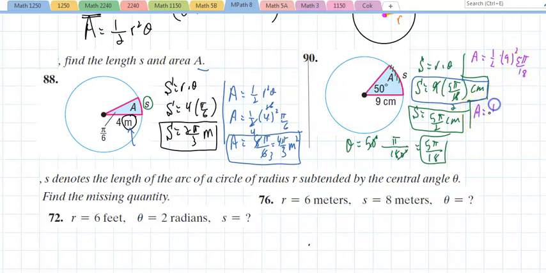Area will equal 1/2 times 81 times 5 pi over 18. If I divide by 9, that would be 45 pi over 4, and the units would be centimeters squared. And that's pretty much it.